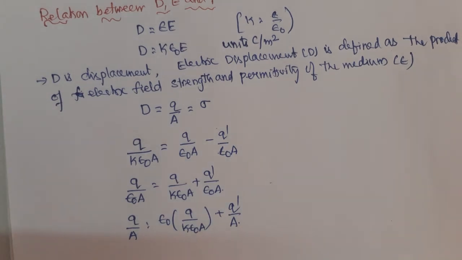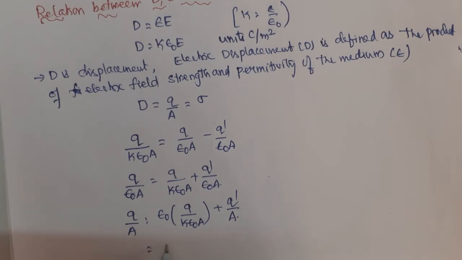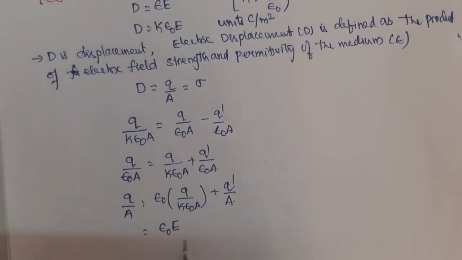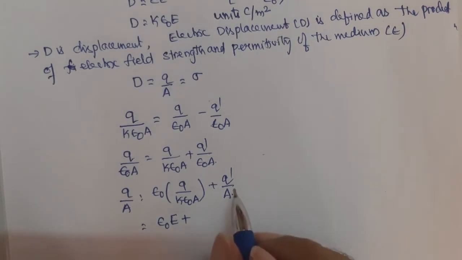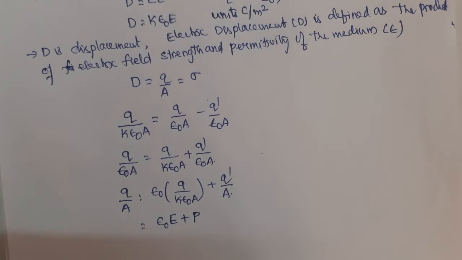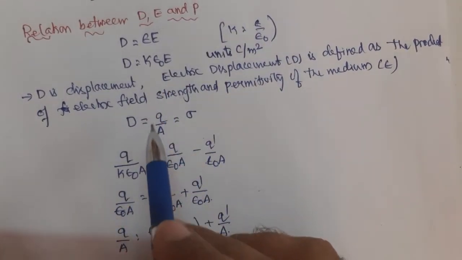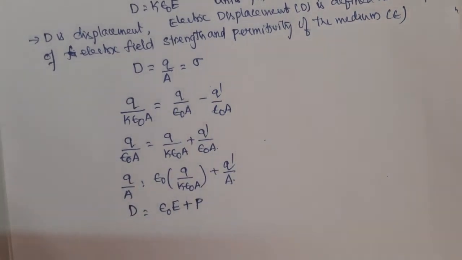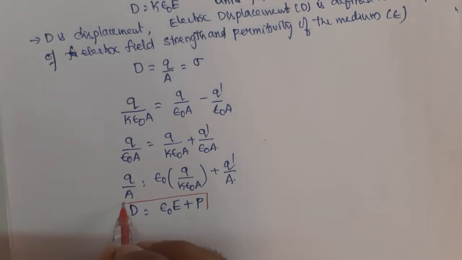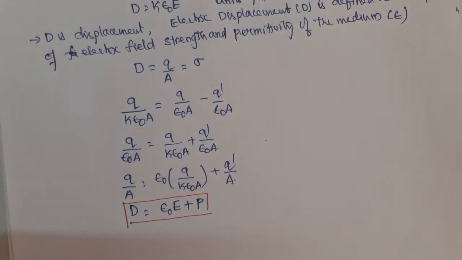It is nothing but the electric field, so this is epsilon naught into E. And Q dash by A, the induced surface charge density or induced charge per unit area, is the polarization P. And Q by A is nothing but D. So D is equal to epsilon naught E plus P. This is the relation between the three.